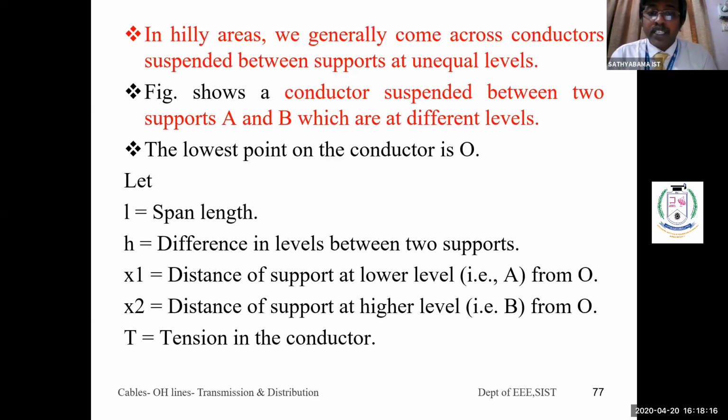X1 is the distance to the support at the lower level, here A to O, and X2 is the distance to the higher level, here B to O. T is the tension. These are the parameters of unequal levels. Based on these parameters, we are going to calculate your sag. Please remember, in unequal levels you have to calculate two sags, S1 as well as S2.